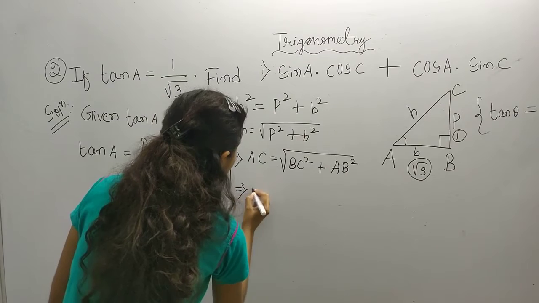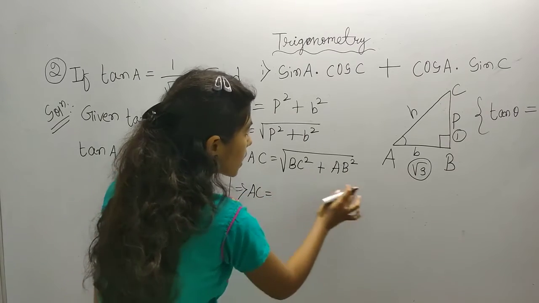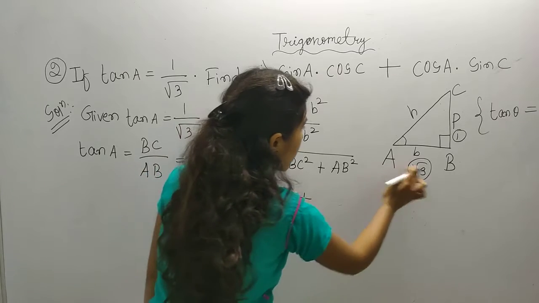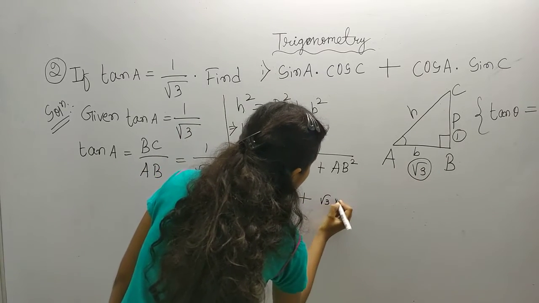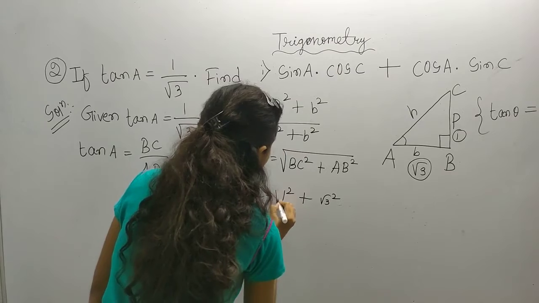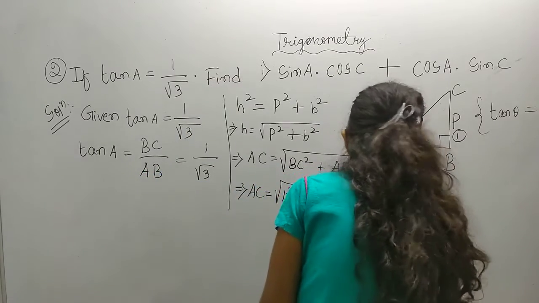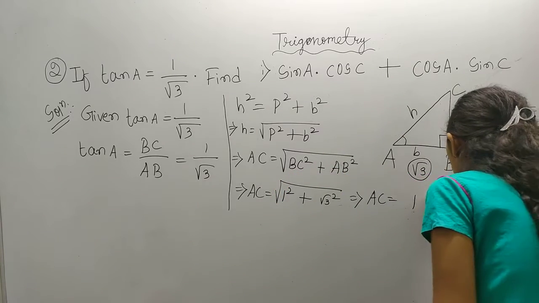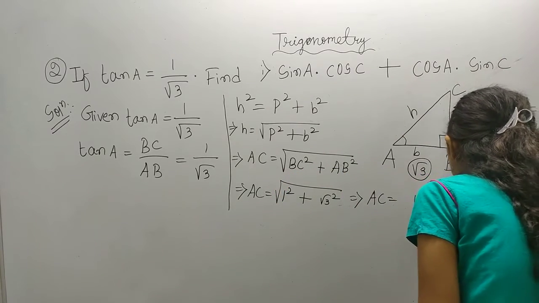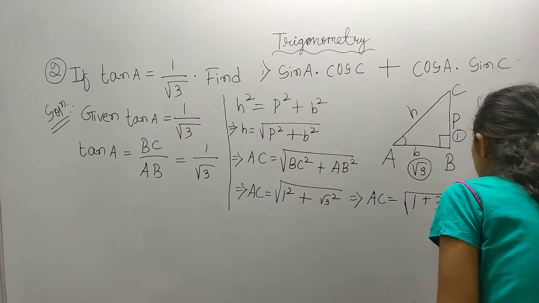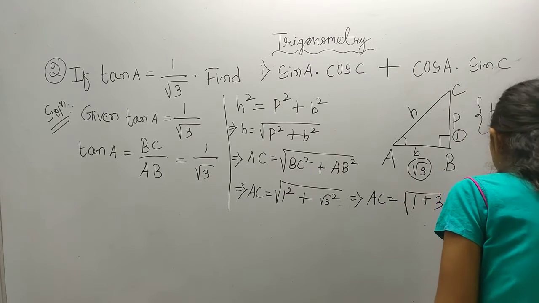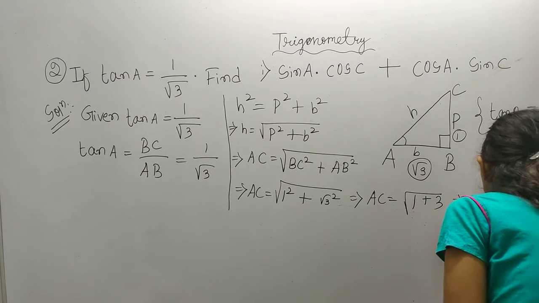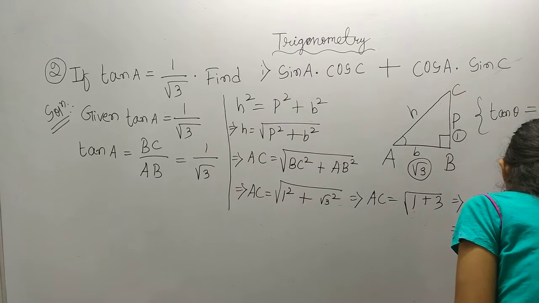That implies AC equals root of BC, which is 1 square, plus AB, which is root 3 square. That implies AC equals root of 1 square is 1 plus root 3 square is 3, that implies AC equals root 4. 1 plus 3 is 4. That implies AC equals 2.